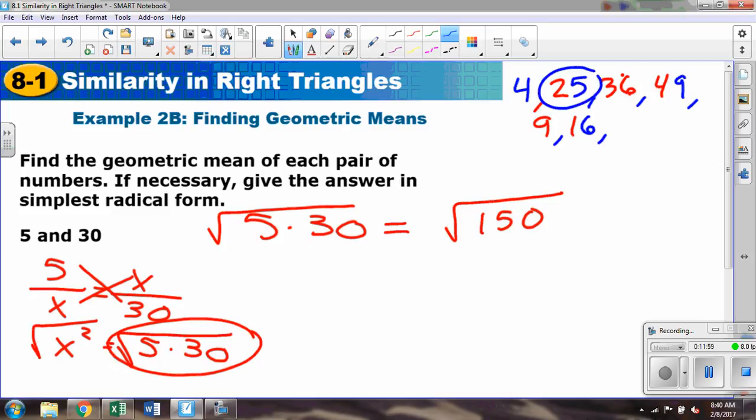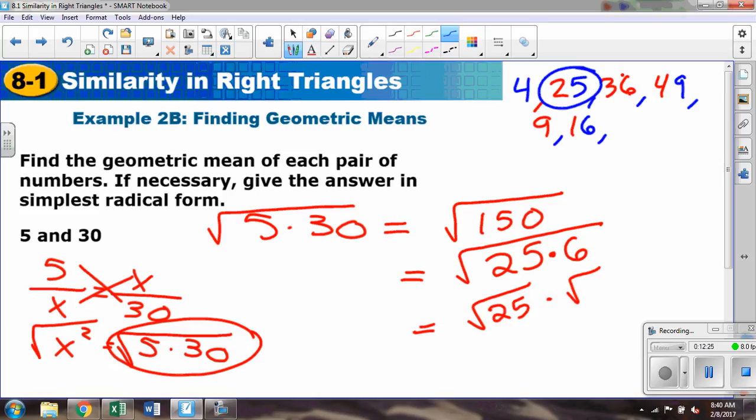Yes. 25 will divide into 150 evenly. In particular, 150 is 25 times 6. We, of course, had the radical property that said when you are multiplying inside a radical, you can split it up as 2 of them.